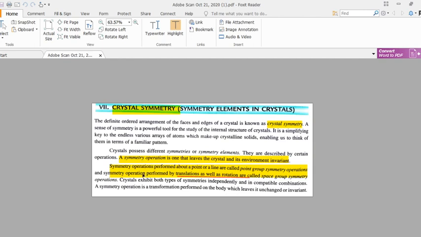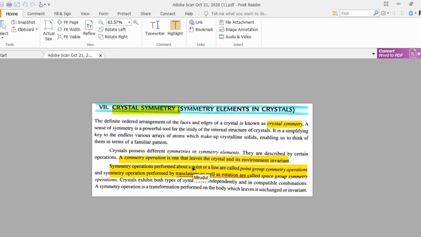Now symmetry operations are principally of two types. One is the point symmetry, another is the space symmetry. What does point symmetry mean? Point symmetry means any operation, as I said, rotation or something like that, may be a rotation, may be an inversion, such kinds of operations applied about a point.